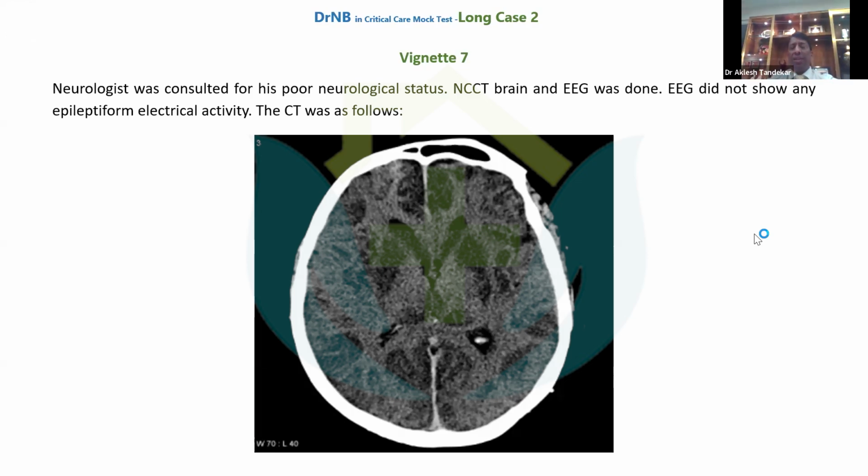So how will you confirm hypoxic brain injury? Is the CT scan sufficient enough, or do you have some other prognostic markers or other imaging modalities that you can advocate here? As mentioned, EEG is not showing any malignant pattern such as burst suppression. I would like to do a brain perfusion scan to rule out any empty bulb sign, any absence of cerebral circulation; transcranial Dopplers I can use.